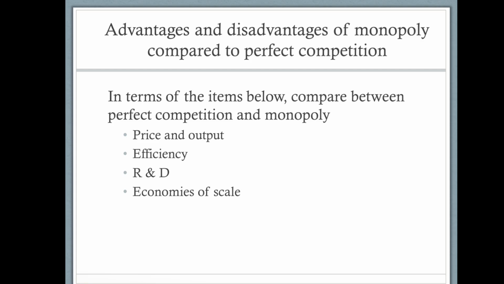So this is the difference between perfect competition and monopoly. Perfect competition is always going to have the output of allocative efficiency, but monopoly is always going to control the price and output so that they can earn more profit. So that's the first point.